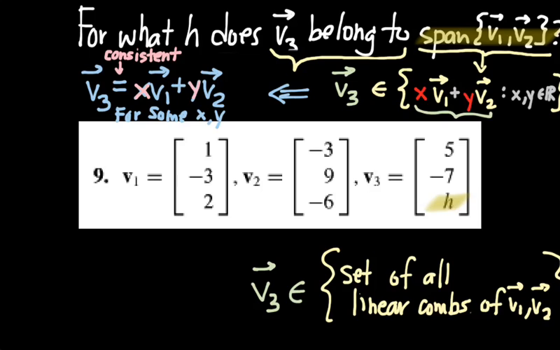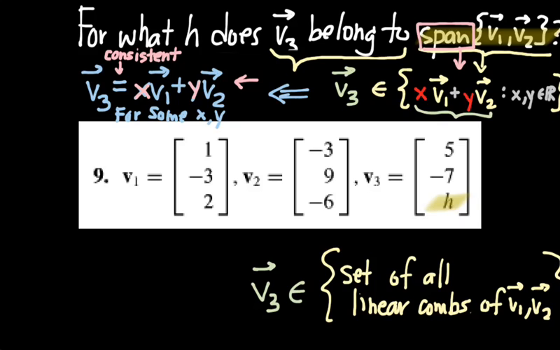So now that this is written as a vector equation, we've taken this concept of span, and because span is the set of all linear combinations, and because every vector equation expresses one vector as a linear combination of other vectors, now we have a vector equation that we can investigate the nature of its solutions.